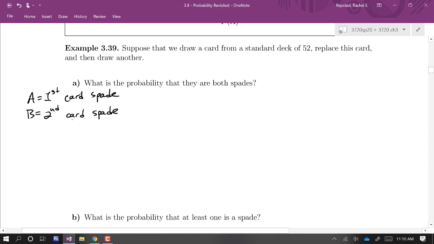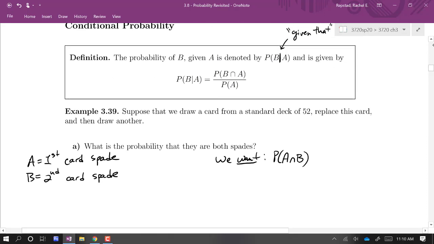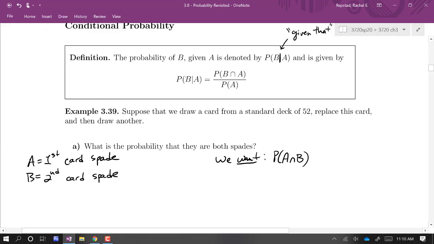Now, the probability that they're both spades, what we want, is P of A intersect B. The way that we're going to find that, we want the probability of this intersection, so I'm going to go up here and take this equation, this is the definition of P of B given A.